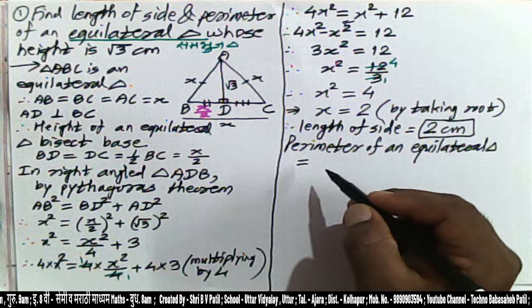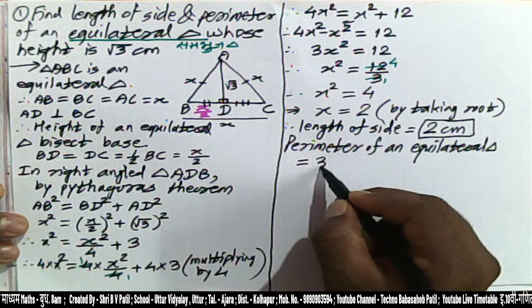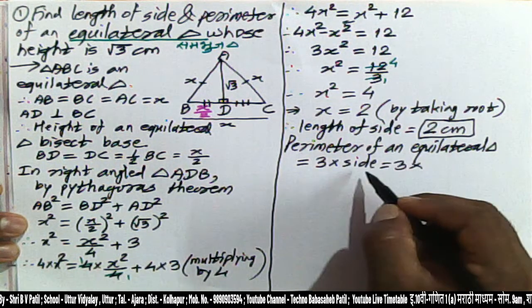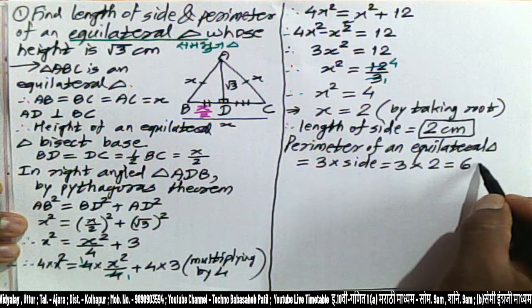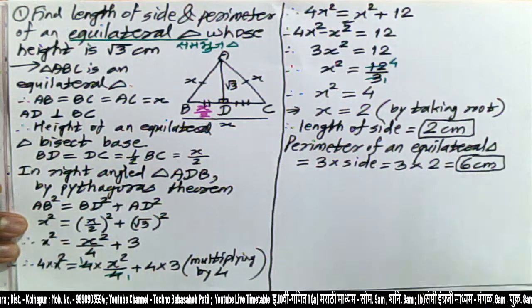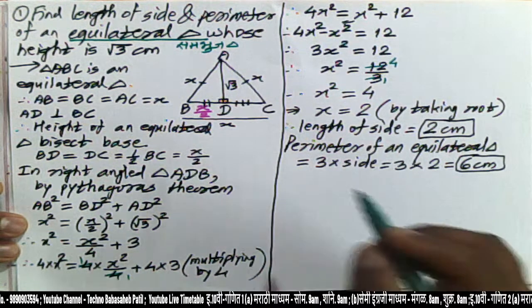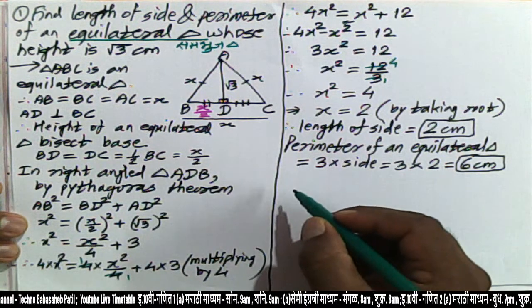Formula is 3 sides are similar, so 3 into side is equal to 3 into 2, and multiplication is 6 centimeter. That is the answer. Yes, good answer given.